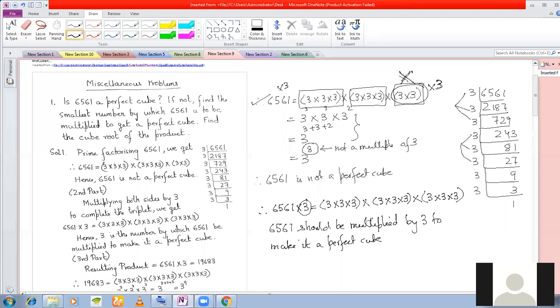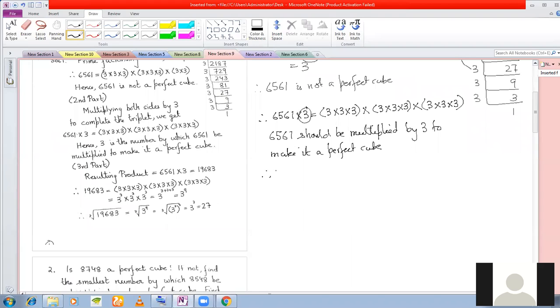Okay, so that answers your first part, the smallest number by which 6561 is to be multiplied to get a perfect cube. So after multiplying by 3, what is the resulting number? The resulting number after multiplying by 3 is 6561 into 3, which will give you 19683.